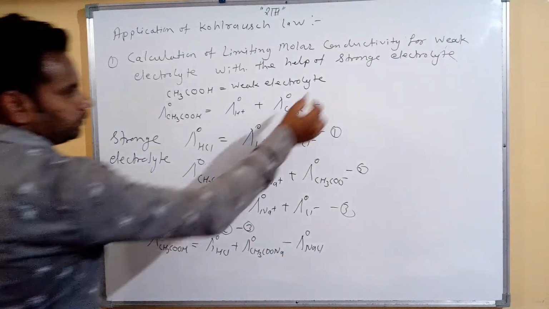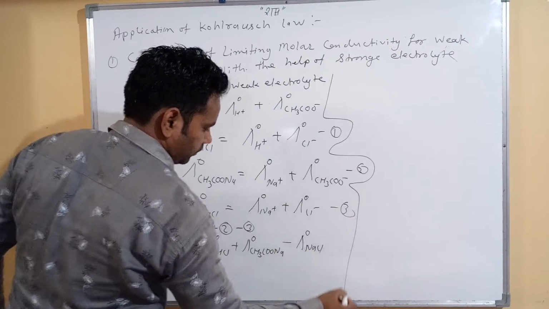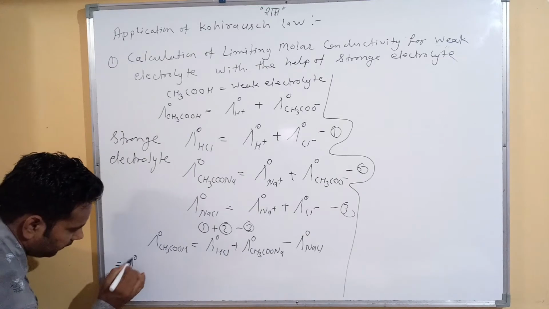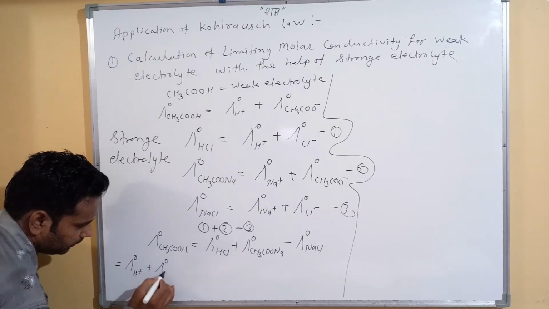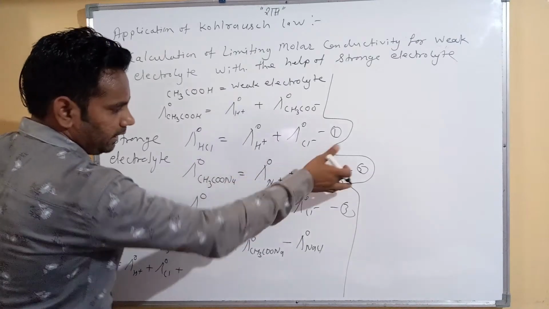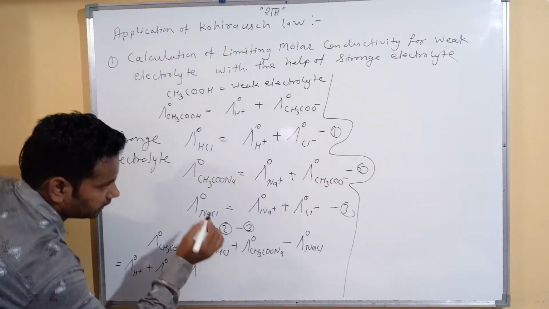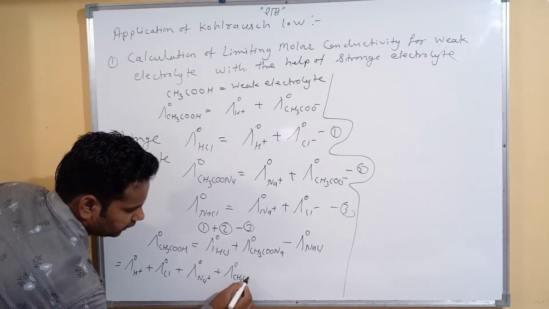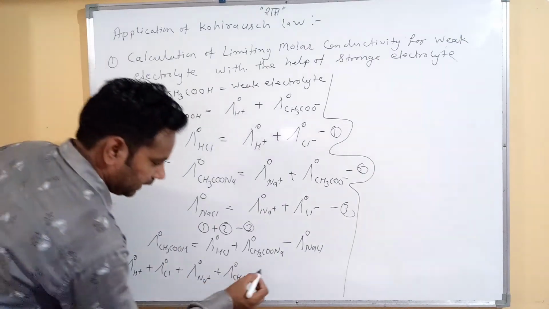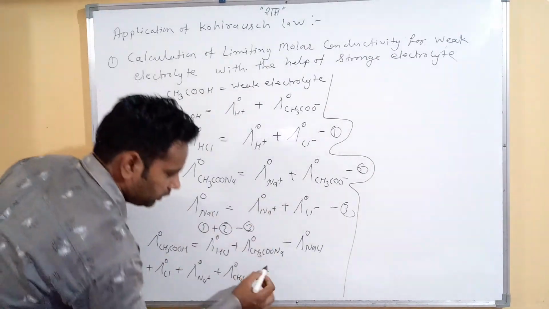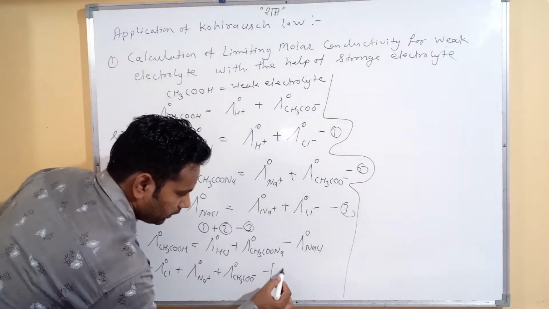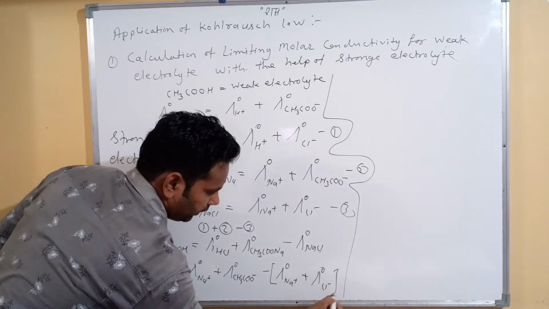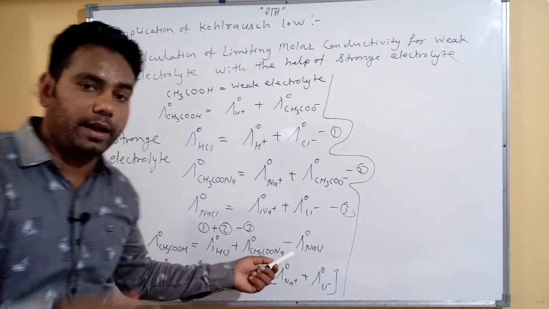Then I put the values: for HCl, H+ plus Cl-; for CH3COONa from equation 2, Na+ plus CH3COO-; then minus the bracket of Na+ plus Cl-, the limiting molar conductivity of NaCl.